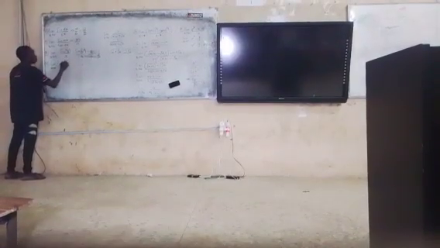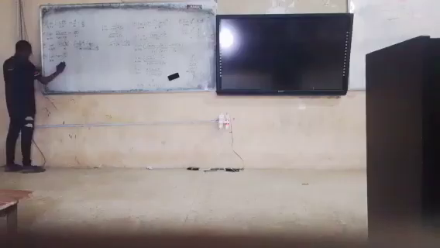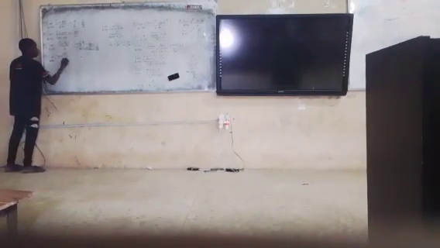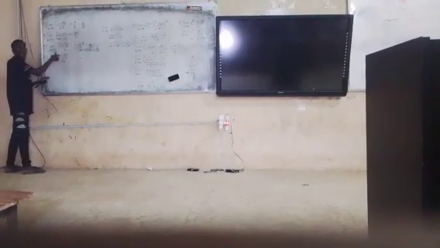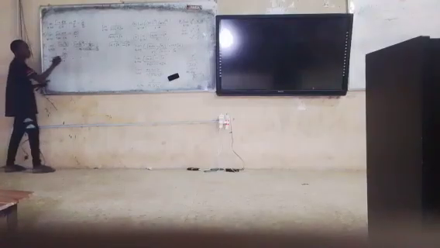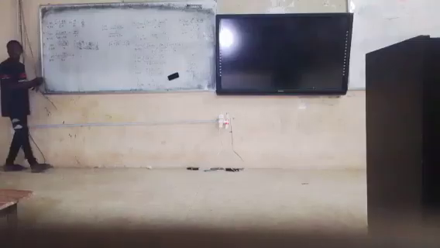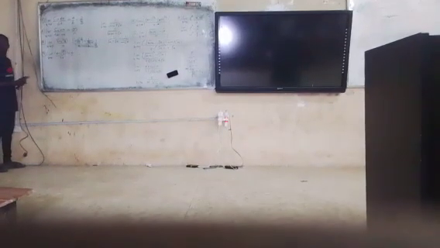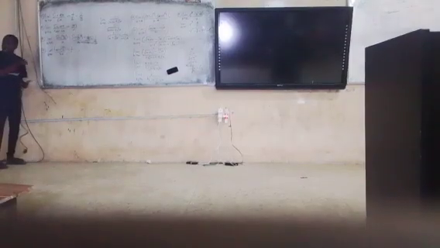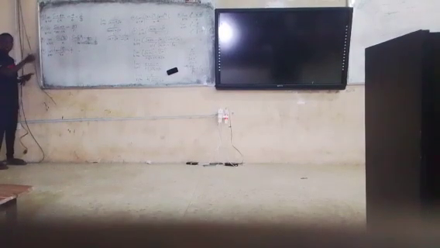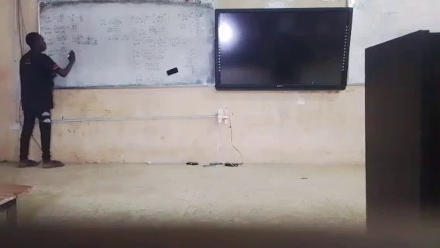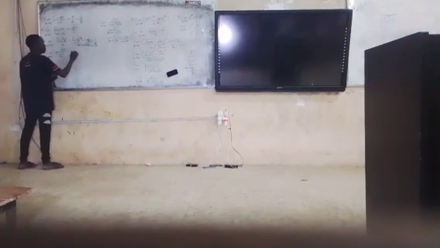It's not always the case in every question, but for these cases you see stuff like that. I have tan of 1 over 2x over 1 over 3x. So what is my answer here? 1 over 2 over 3, that's 3 over 2, 1 over 6.